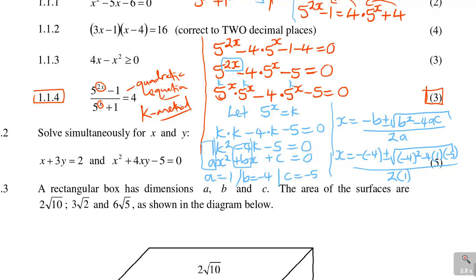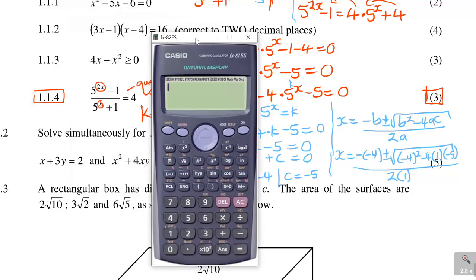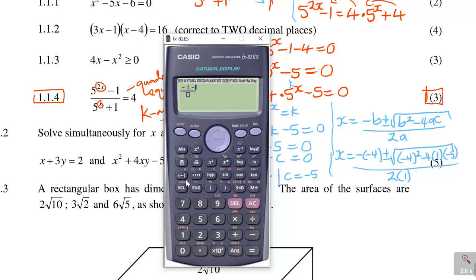Then the calculator comes in handy: minus minus 4 plus the square root of minus 4 squared minus 4 bracket 1 bracket minus 5, then all over 2 bracket 1, 2a, remember. So when I've done that, look at the answer, x is 5, then change the sign, and x is minus 1.